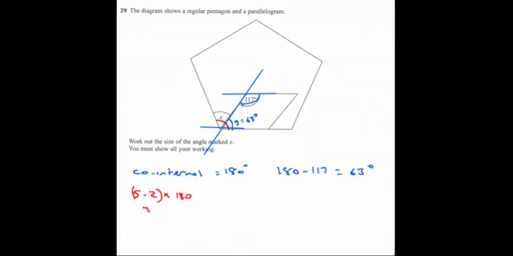Okay, so that is 3 times 180, and that is 540. So the total of all the 5 angles is 540. If we therefore divide that by 5, we get 108 degrees. So the whole angle at the corner is 108. If we take away the part that we know is 63, it means that x must be 45 degrees.